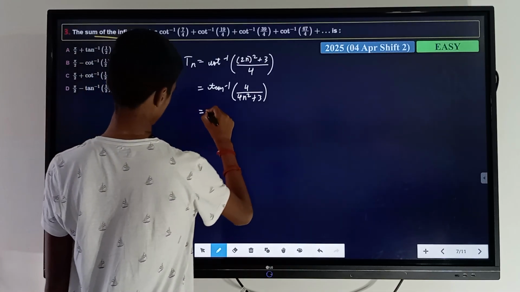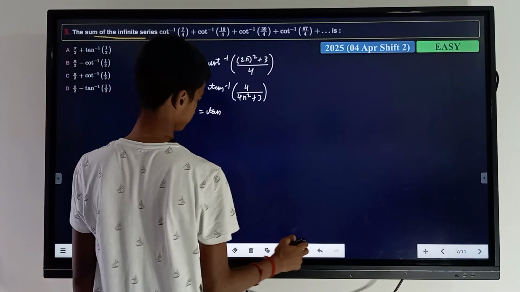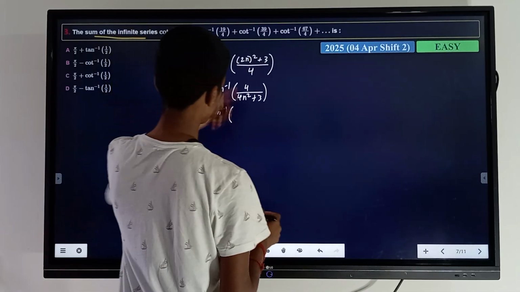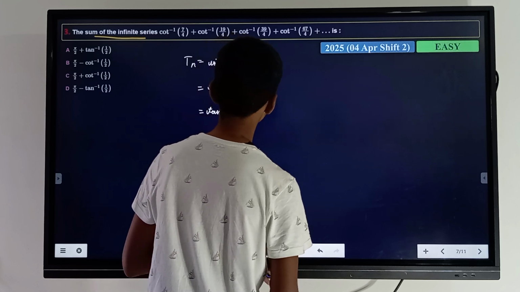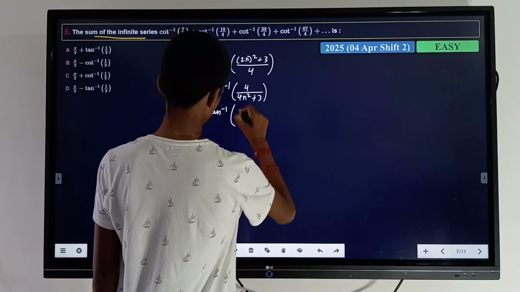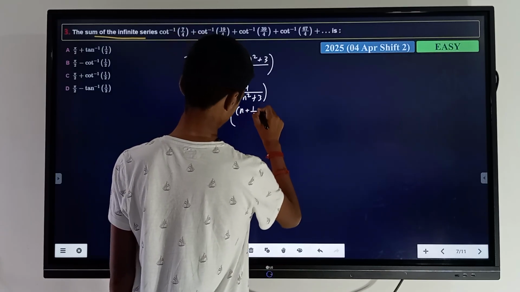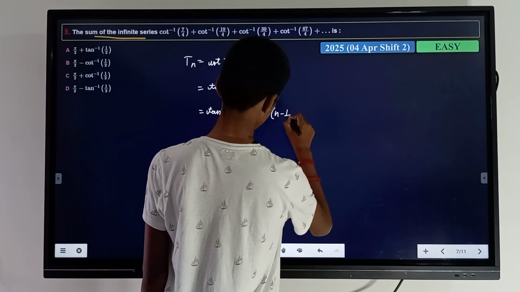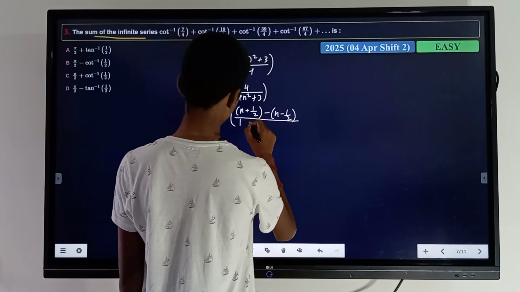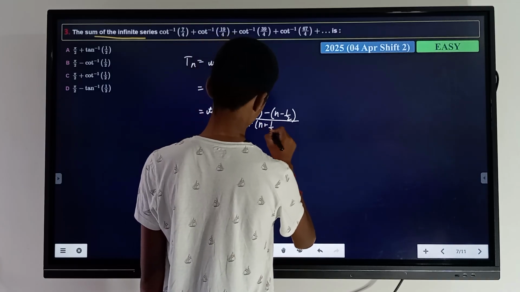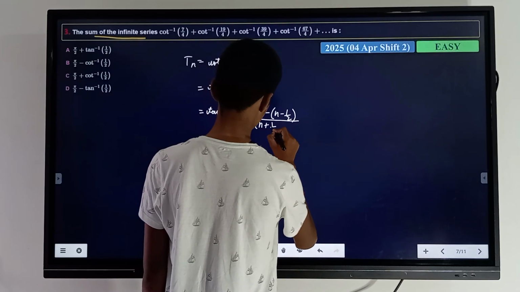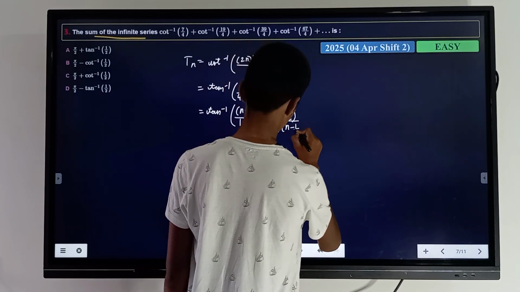Now from here, this is equal to tan inverse of, we will divide both numerator and denominator by 4. We can write numerator then as n plus half minus n minus half, divided by 1 plus n plus half into n minus half.